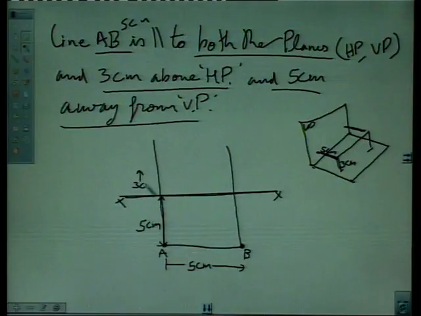Say this is 3 centimeter and we draw horizontal line like this. Say this is A dash and this is B dash.